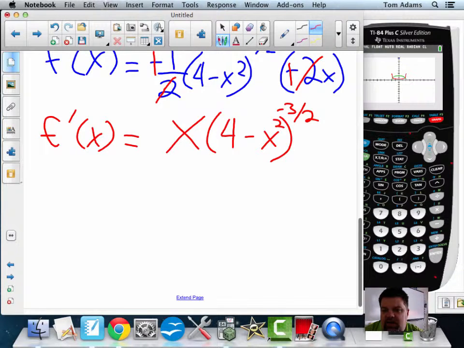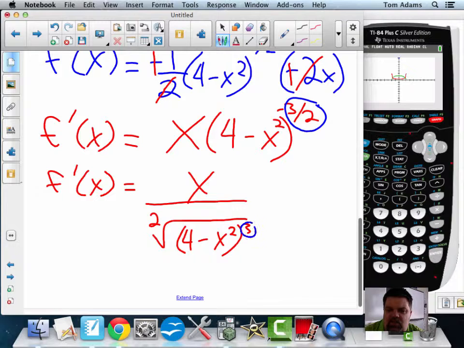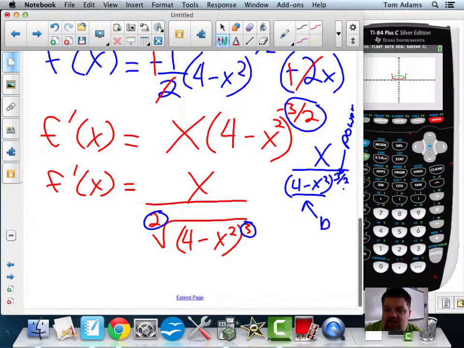I am going to write this down with a positive exponent. I could take that 3/2 and toss it down to the bottom, which translates as 4 minus x squared raised to the 3rd power, and then we take the root index of 2. So just a quick reminder that that's the same as x over 4 minus x squared raised to the 3/2, where the 3 represents the power of the base and the 2 represents the root index.